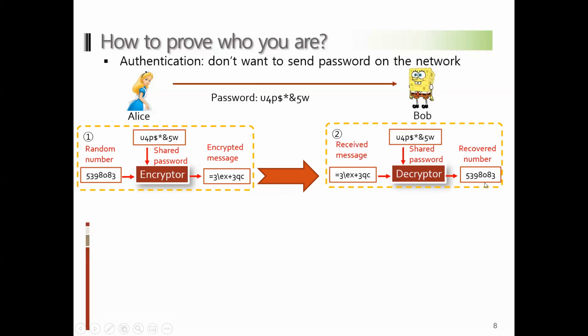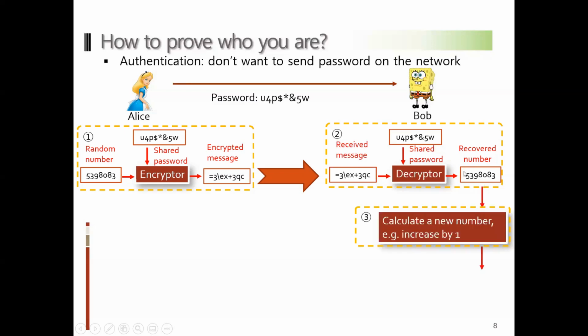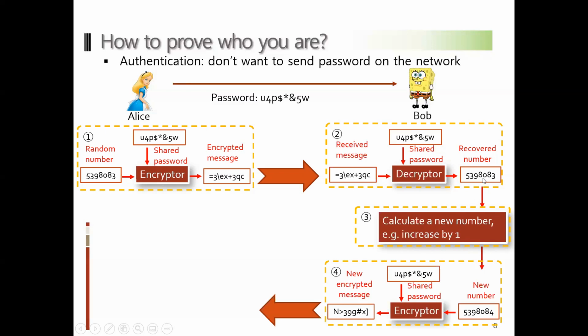If Bob can recover the same value, how can Alice confirm that Bob actually recovered this number correctly? One way is to ask Bob to generate a new number based on the recovered number. A simple example might be to ask Bob to increase this value by 1. Then if Bob correctly recovers this value, he can also generate the correct new value.